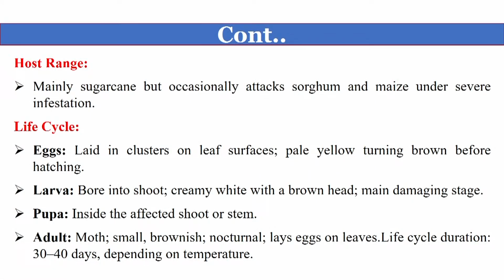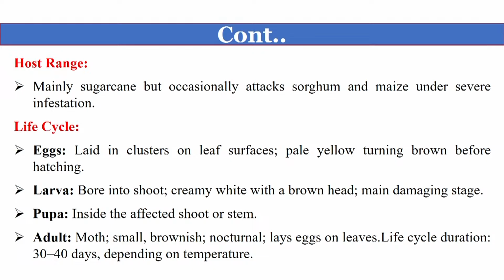And host range: basically sugarcane is the main host, but it occasionally attacks sorghum or sometimes maize under severe infection. The life cycle of this insect is egg, larva, pupa and adult.